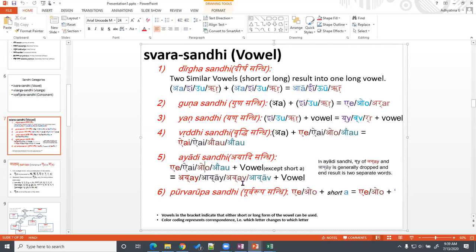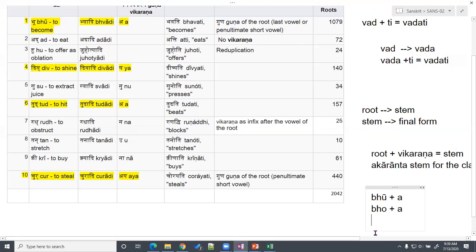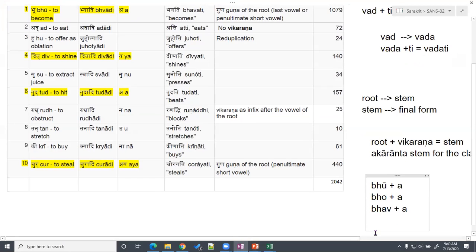Even though our Sandhi rule says that it should not follow the short Akara, while making the stem this exception is not applicable. So that means if okara is followed by any vowel, it will change into av. So O becomes av plus a. And then my stem becomes bhava.